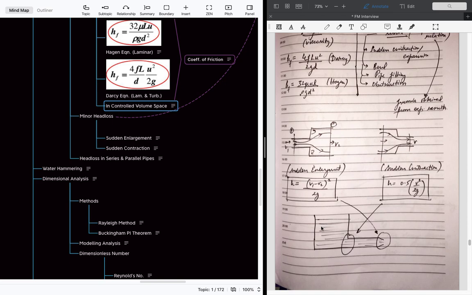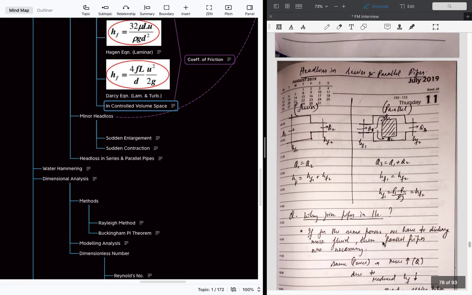In this situation, you can see that there is a sudden contraction here. That's why in this case the head loss is half v squared by 2g, and for the sudden enlargement, it is v squared by 2g.